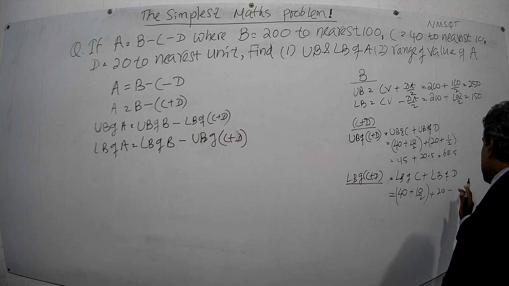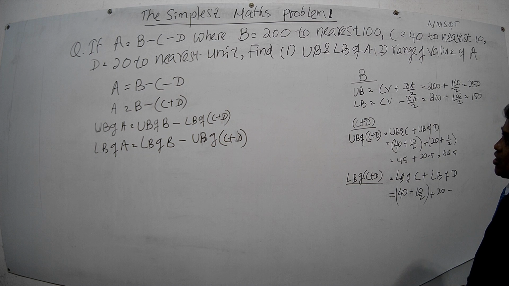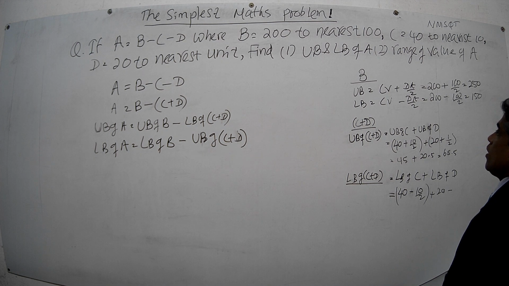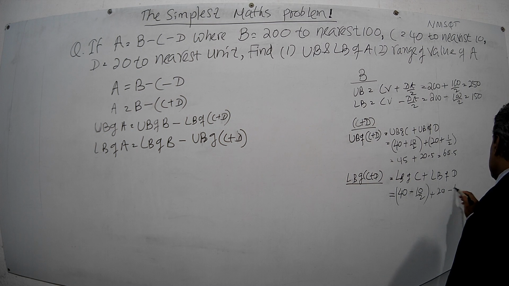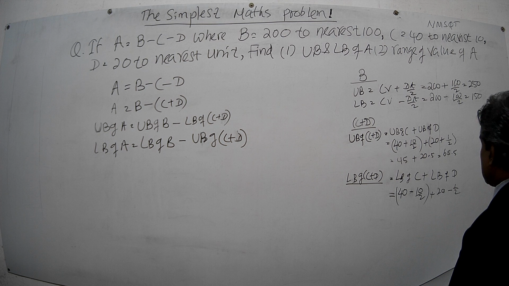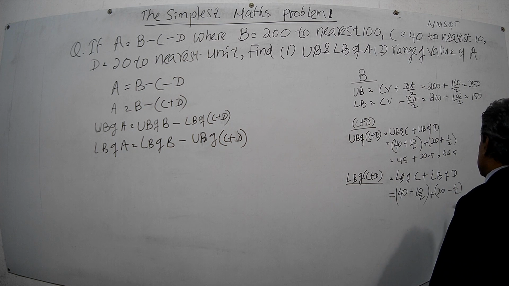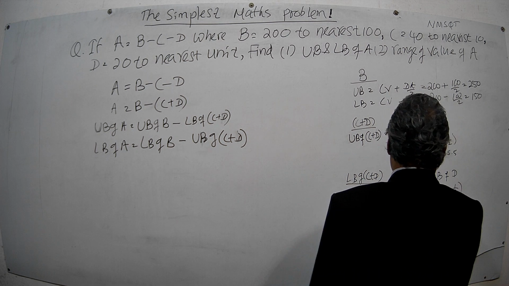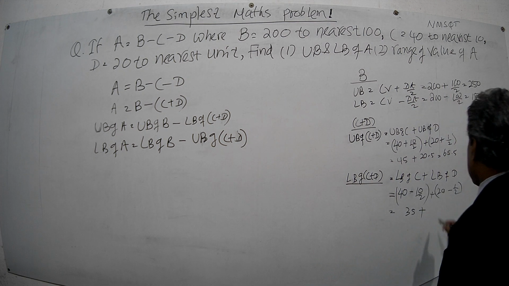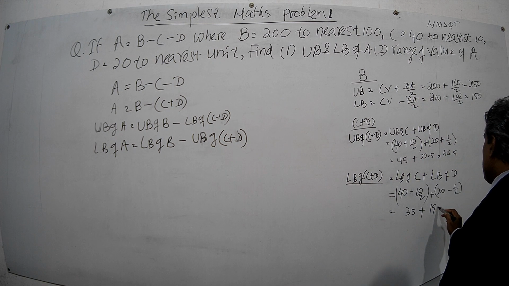Then minus, because we are going to find the lower bound, the degree of accuracy is 1, going to the nearest unit. Therefore, the degree of accuracy to be used in the lower bound and upper bound formula is 1, so 20 minus half. Then you get 40 minus 5, which is 35, plus 20 minus half, which is 19.5.